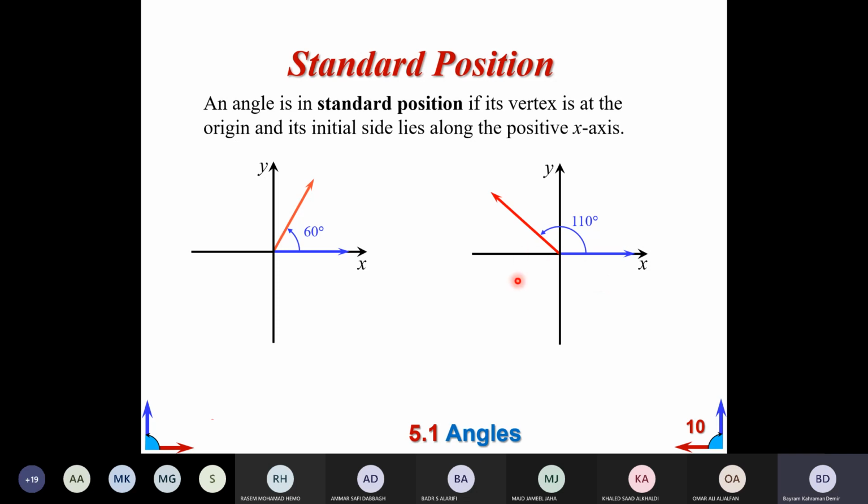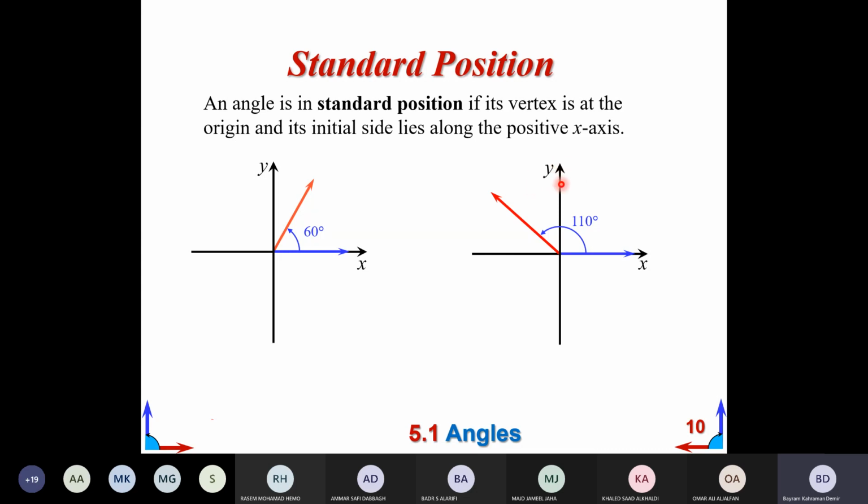But how about 90 degree, for example, Shabab? Who's going to tell me where is 90 degree? Is it in the first quadrant or second quadrant? It's on the y-axis. Yeah, 90 degree, right, Shabab? Terminal side is exactly on the y line. So can you say it is in the first quadrant? No. Second quadrant?